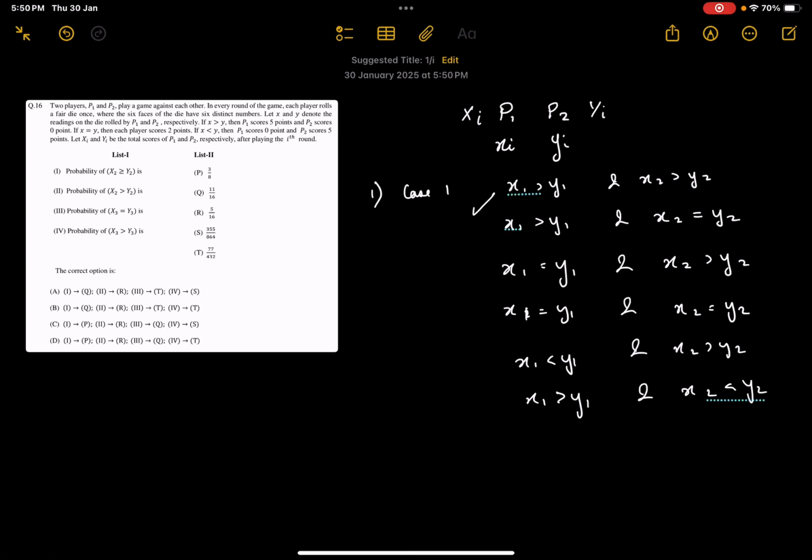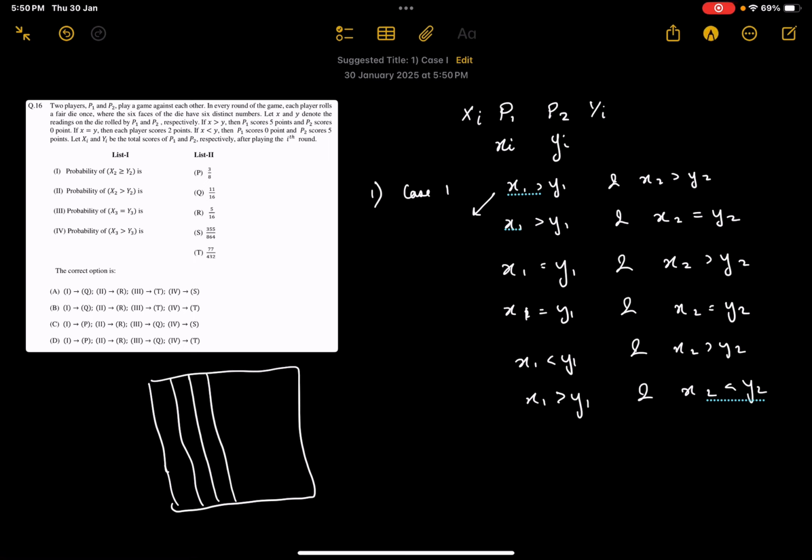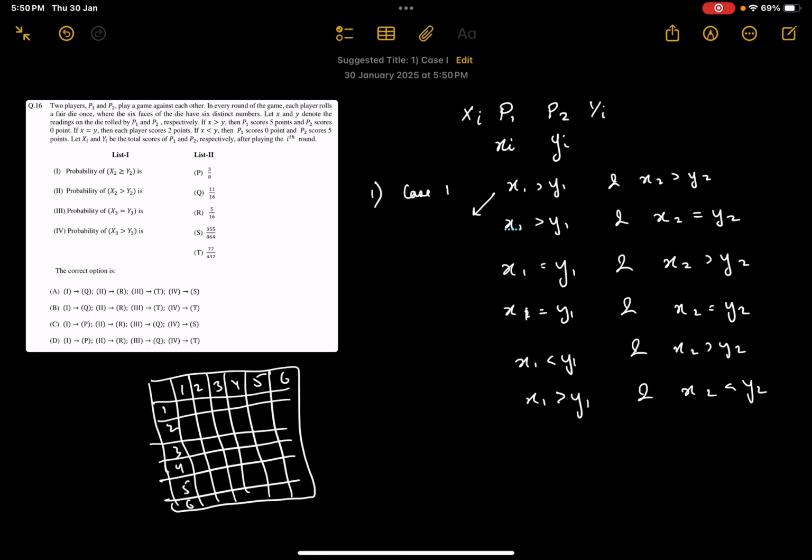of x1 greater than y1. Recall the table of probabilities, 1 2 3 4 5 6 along each side.